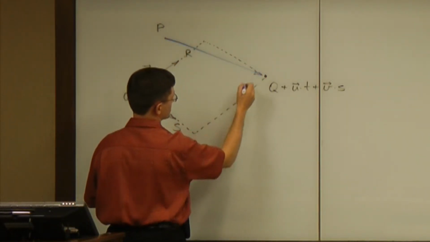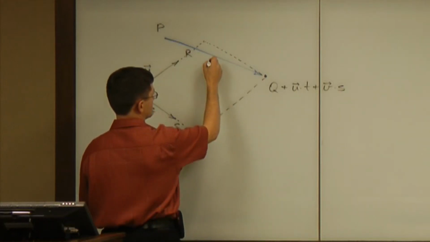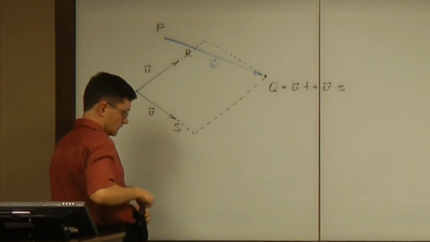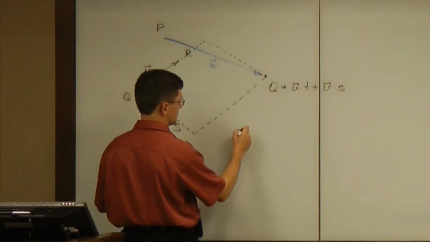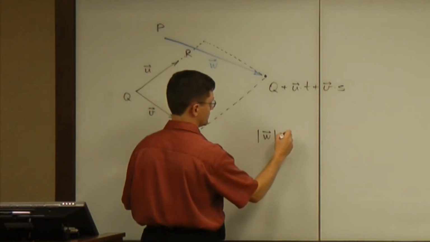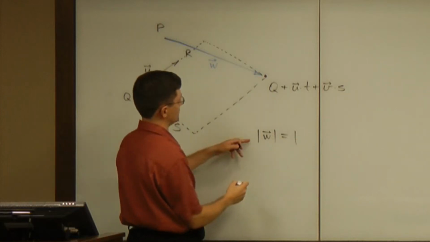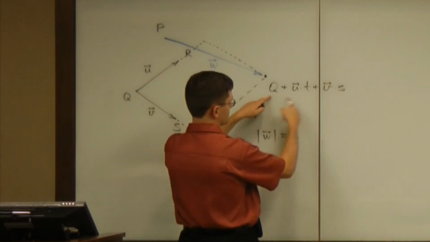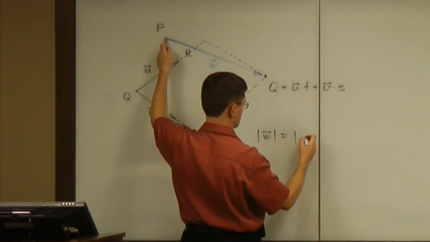Look at this vector. Let's call it w. So the distance is going to be the magnitude of that w, which is the magnitude of the endpoint minus the beginning.